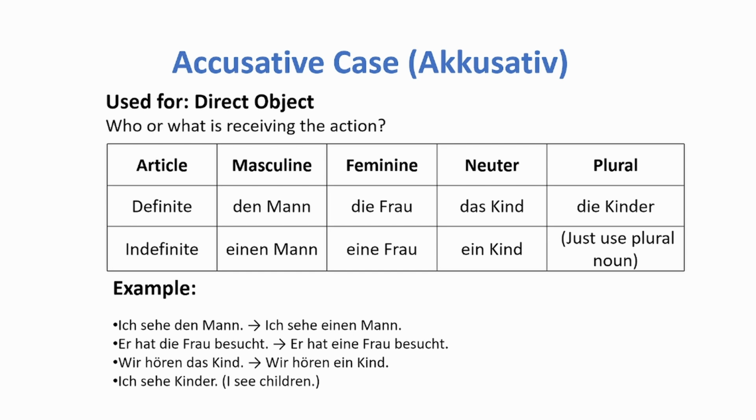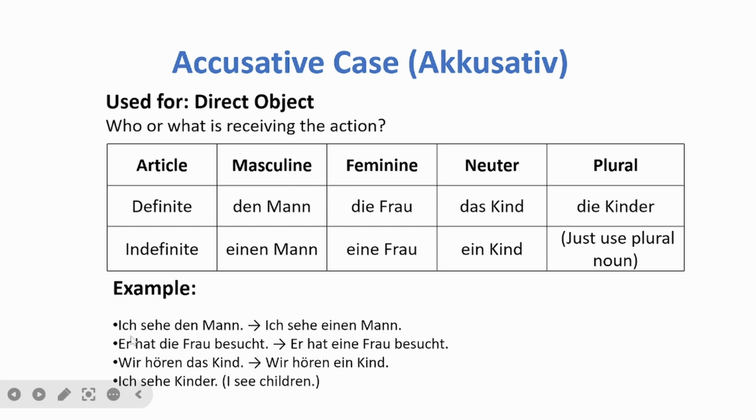If you want to negate it, we have to use keine. So in masculine it is den Mann, feminine die Frau, neuter das Kind, and plural die Kinder. And in indefinite article it is einen Mann, eine Frau, ein Kind, and either Kinder or keine Kinder.